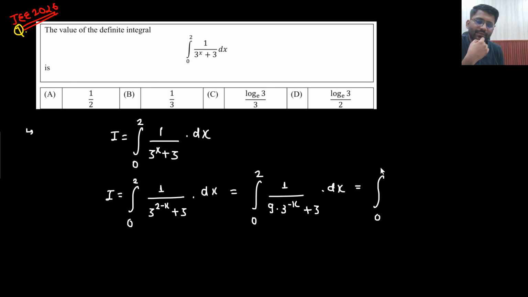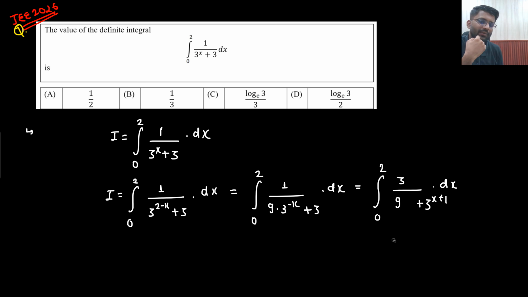What I can do is 1 upon 9 upon 3 to the power x plus 3 dx. So 3 to the power x goes upward, and the 3 to the power x is multiplied here as well, so this will become 3 to the power x plus 1.